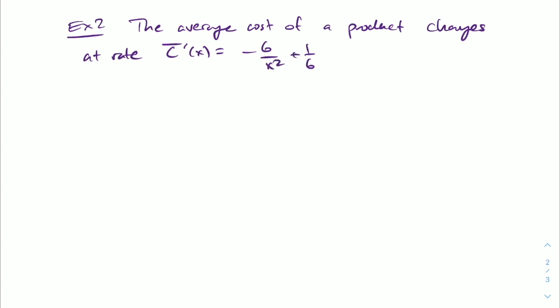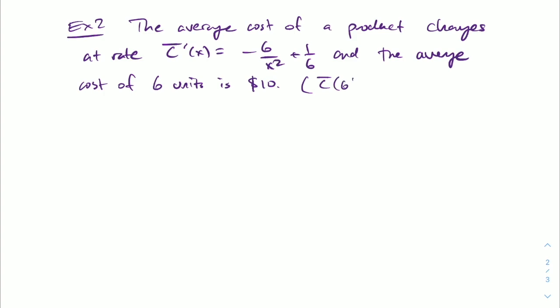And the average cost of 6 units is $10. What this means is c bar of 6 equals 10. And we want to find c bar of x.